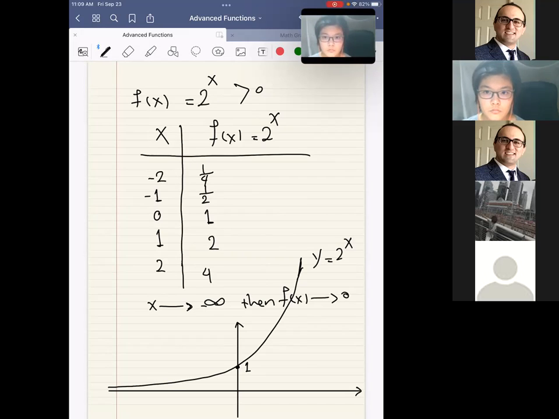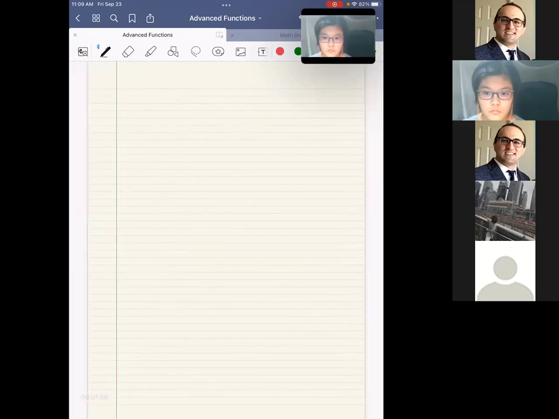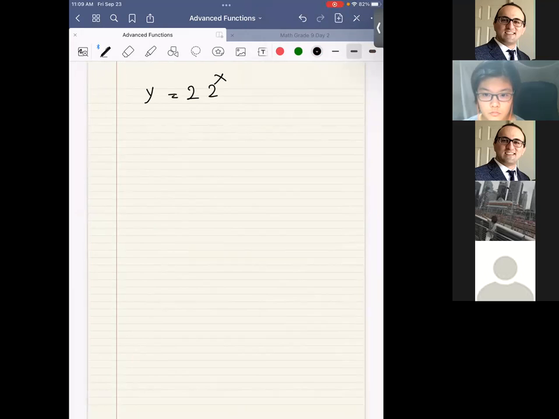Now, let's do some transformation with this graph. If instead of 2 to the power x, you have something like y equal to 2 times 2 to the power x, then there are two ways to look at this function.